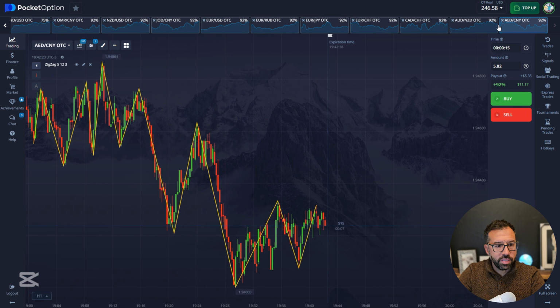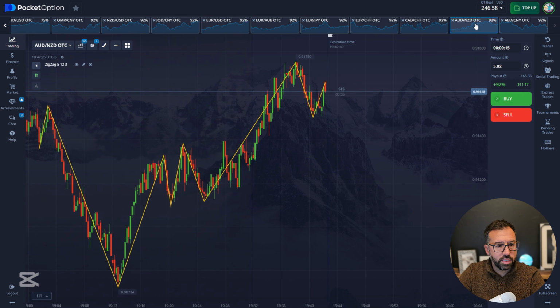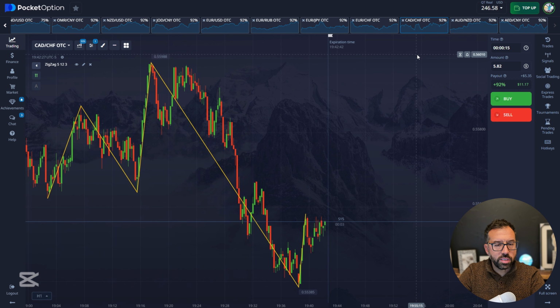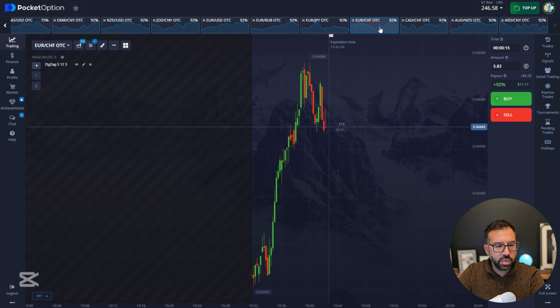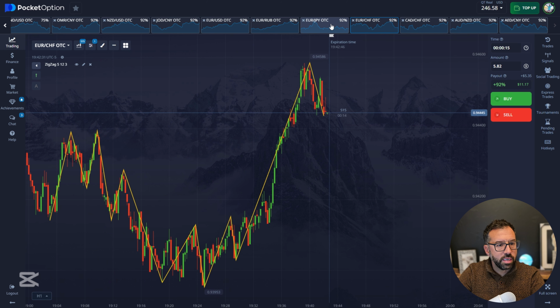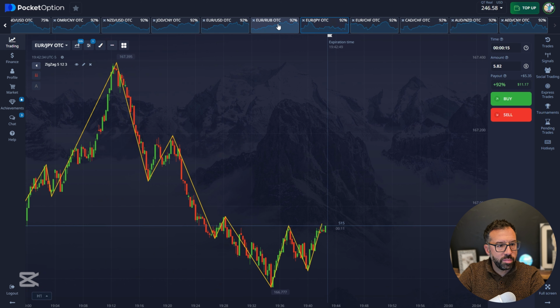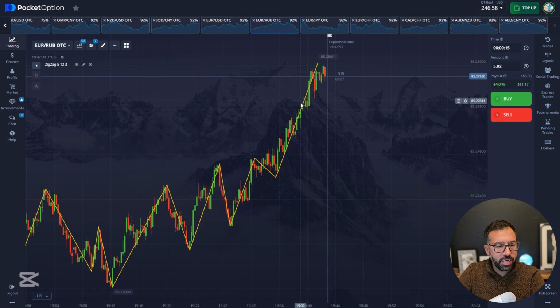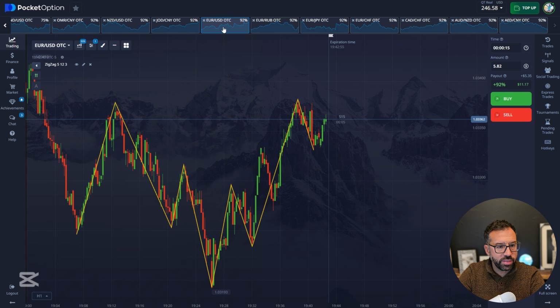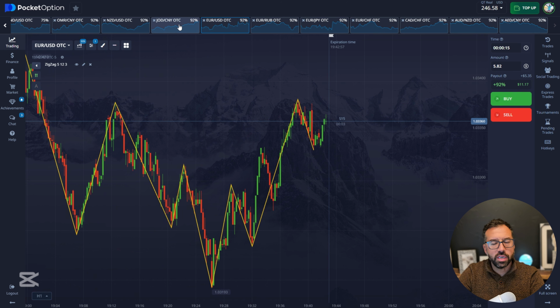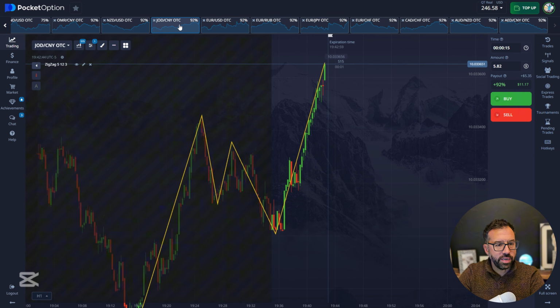Let's go back over here to this chart. So guys, you just want to be able to find a chart that has a good zigzag strategy where the yellow line is over top of the candles, which is a good indication of it changing direction.